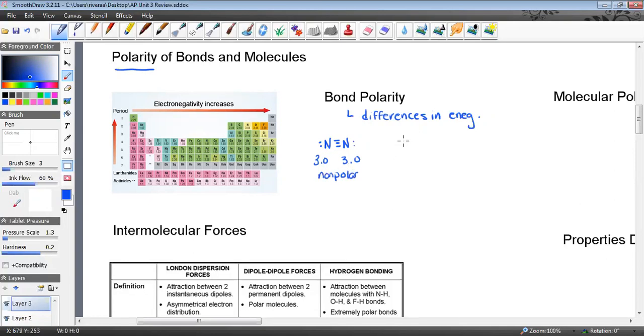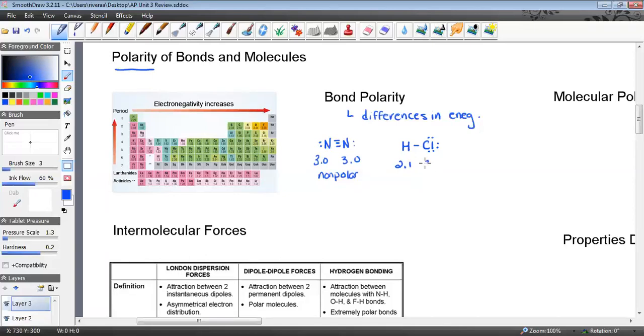But what if we had different elements? Let's say we had hydrogen bonded to chlorine. Hydrogen's electronegativity value is like 2.1, and chlorine's is like 3. I can't read that small.